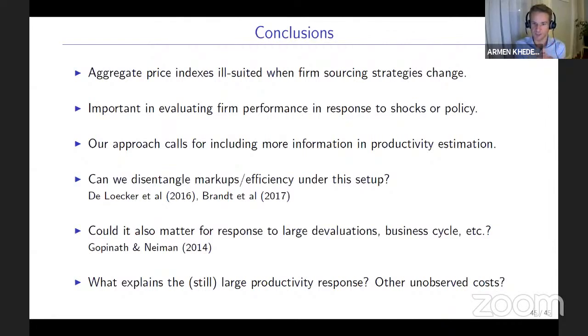And similarly, these ordering costs are larger. We think that they are larger for foreign sourcing. So if these ordering costs are much bigger for sourcing from abroad, the input intensity should pick that up too. Okay, I see that.